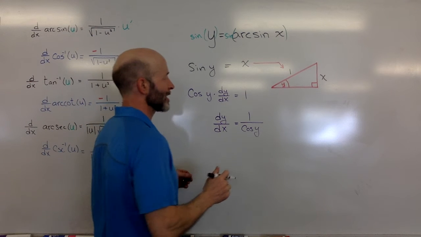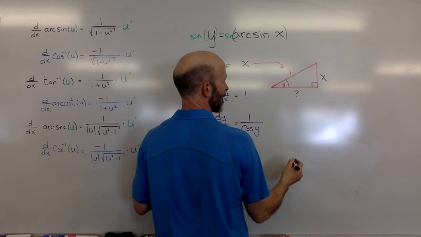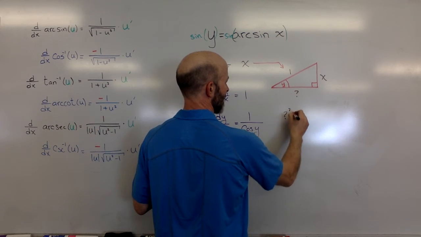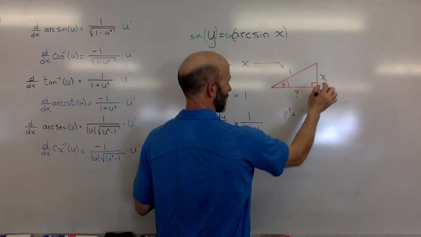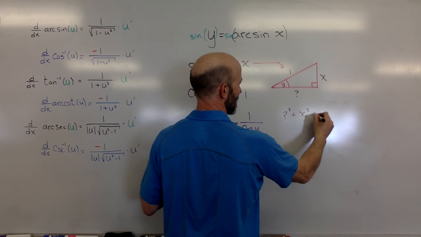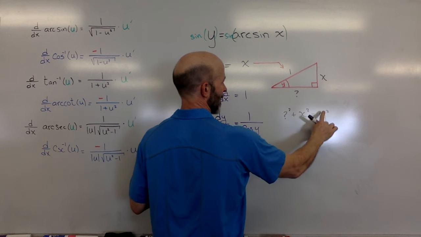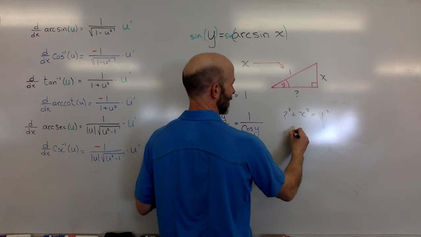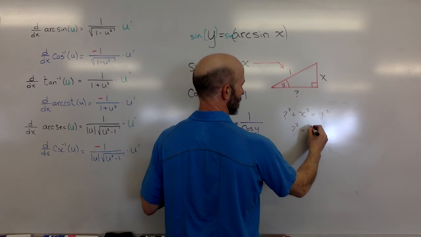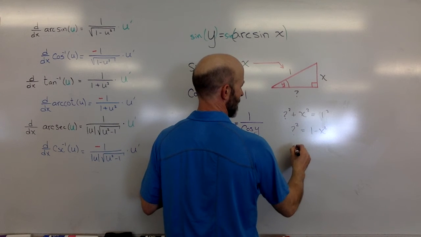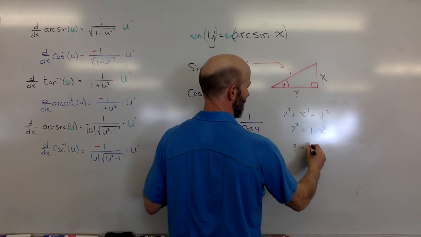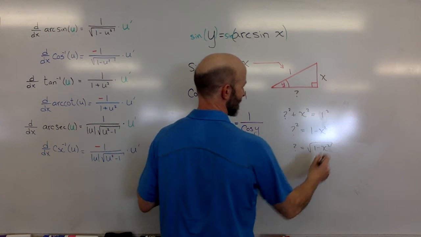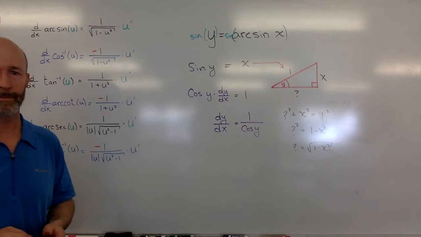Using the Pythagorean theorem, if we're trying to solve for that third side, I know that the square of one leg plus the square of the other leg equals the square of the hypotenuse. Doing a little bit of solving, I find out that that third side is the square root of 1 minus x squared.